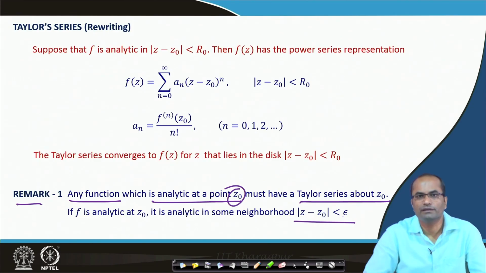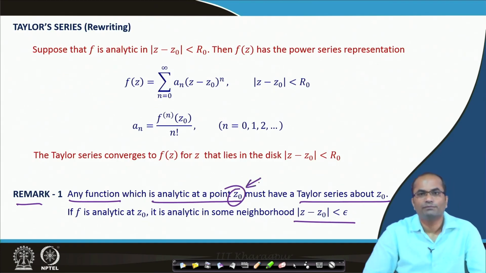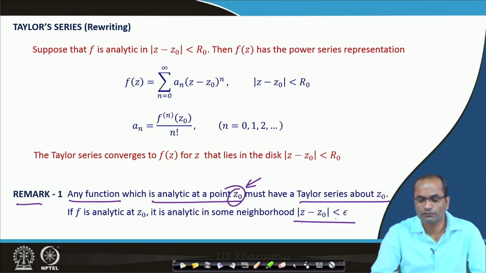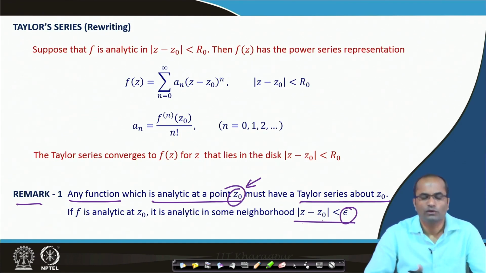Epsilon could be very small, but analyticity ensures that there will be a neighborhood where the function will be differentiable, or it will be analytic. So, just knowing that the function is analytic at a point z0, we can write the Taylor series. However, the radius of convergence, which is epsilon, could be very small depending on how far we can extend this region of analyticity without having a point where the function is not analytic.